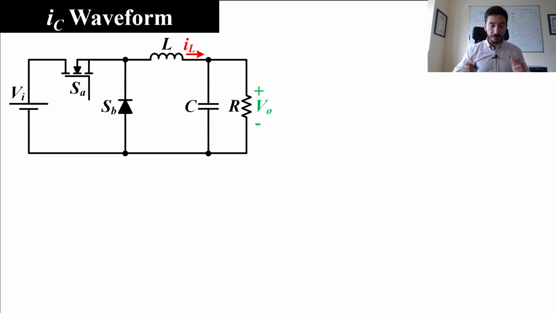Okay, first point to see, what is the capacitor current waveform? Well, as in other cases, we are going to consider this node. Here we have three current waveforms: the inductor current, capacitor current, and output current.